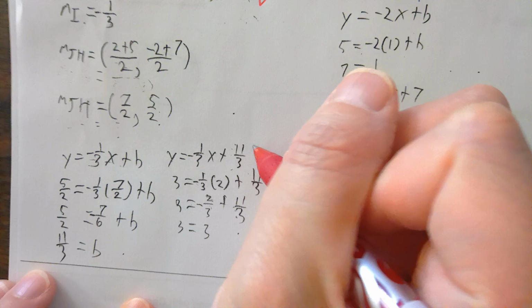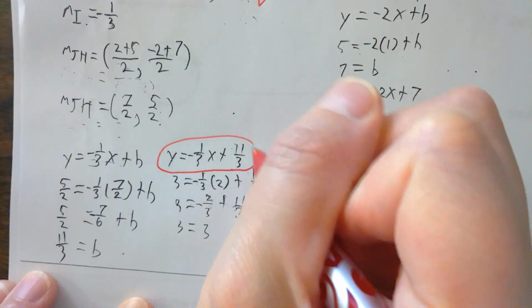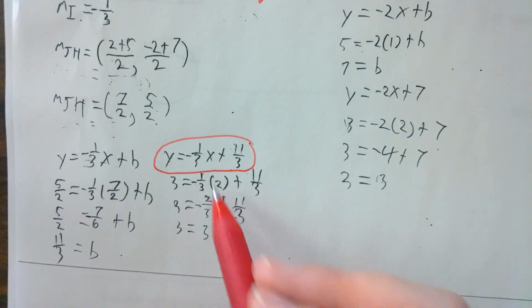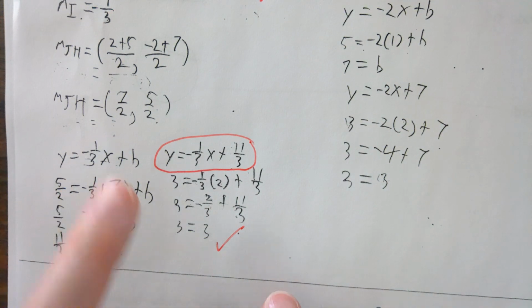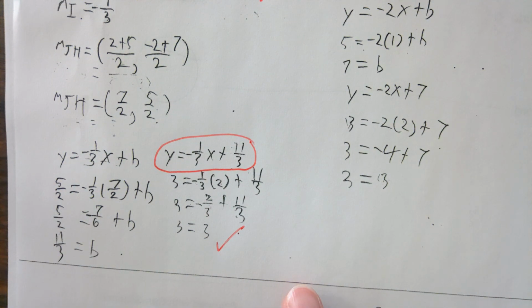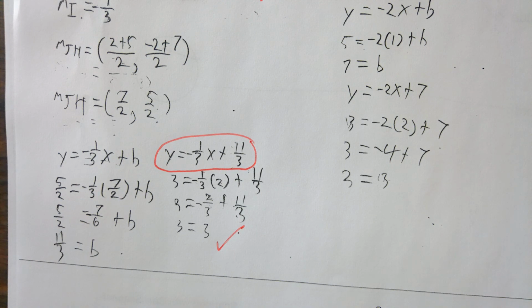Then you have your equation right here. Sub in the point 2, 3, and I get left side equals right side. So that means this point is also on the second right bisector. If we don't do it 3 times, how do we know that 2, 3 is the circumcenter? You have to do it 3 times, but on the test, I might just ask you to do it once. Okay.